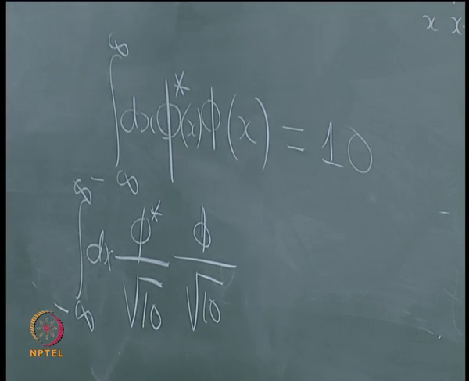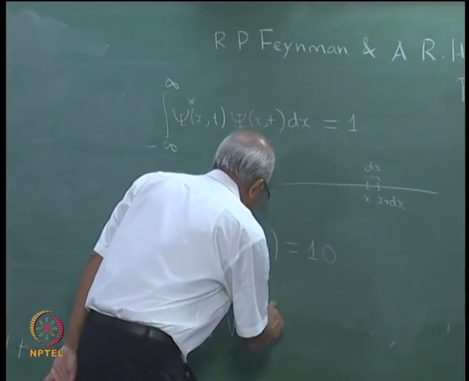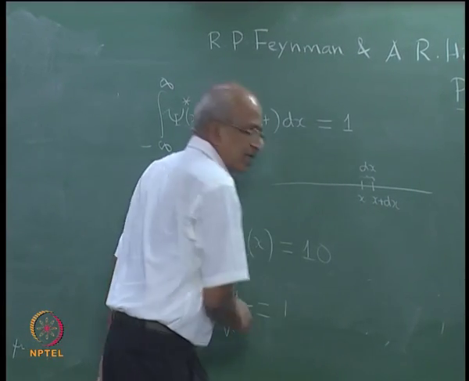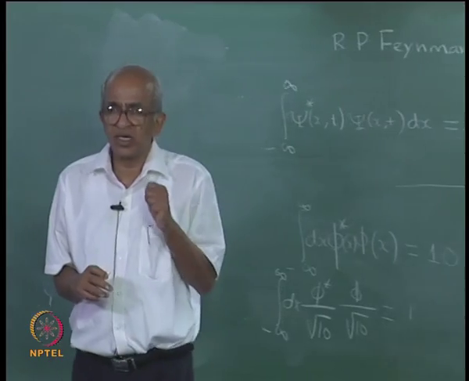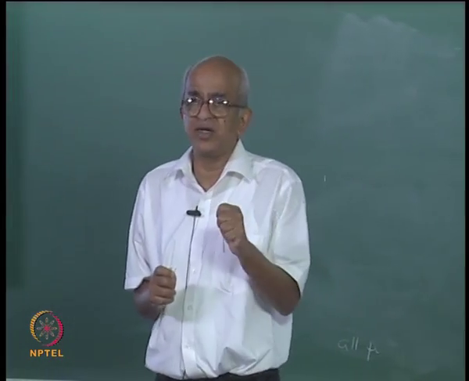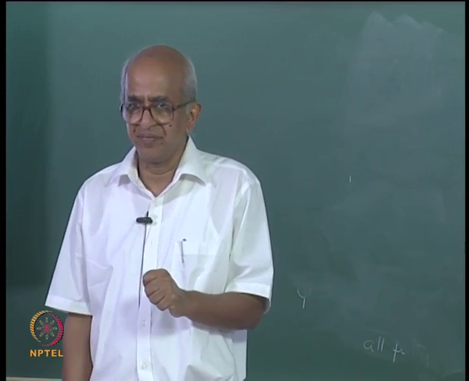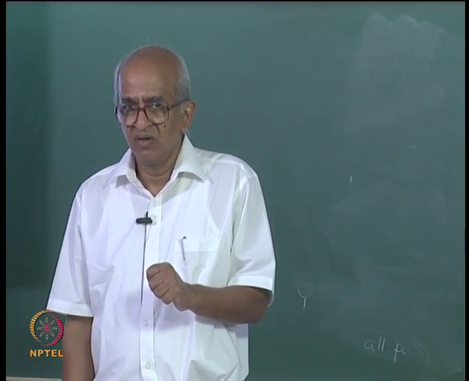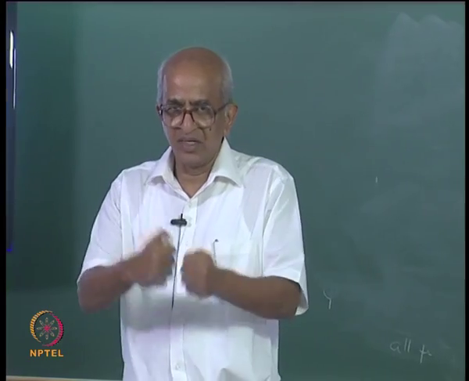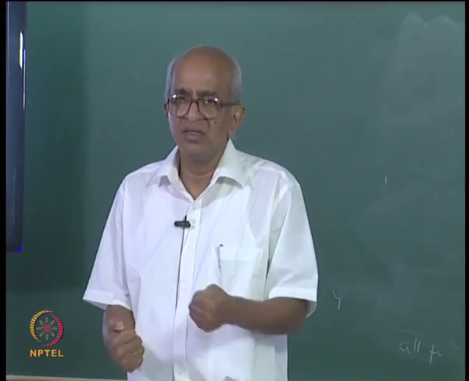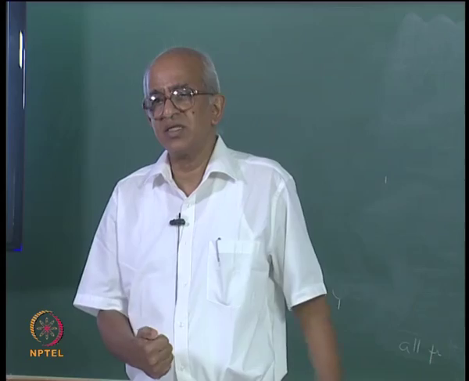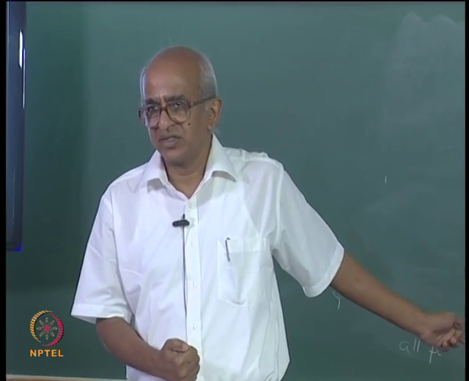So, even if my phi does not satisfy the normalization condition and hence is not an acceptable function, from phi I can construct a new function. I just multiply my phi by a number, and the new function is such that it is satisfying this condition.